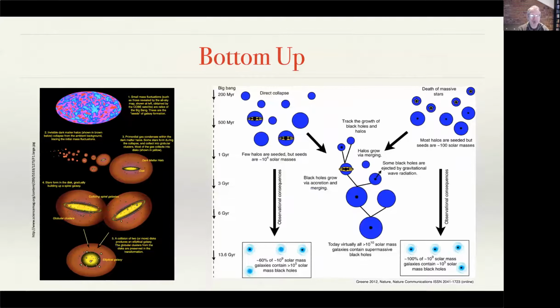And if we have the so-called bottom-up, which is the favored mechanism, what we think happens, we'll just concentrate on the right-hand side here, is that we start off with some massive stars here, and we start off with direct collapse of material to form these so-called proto-galaxies here.